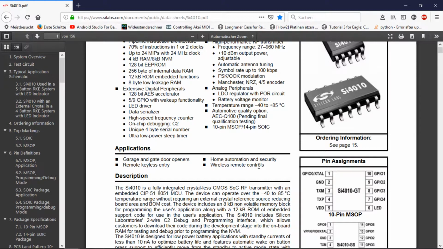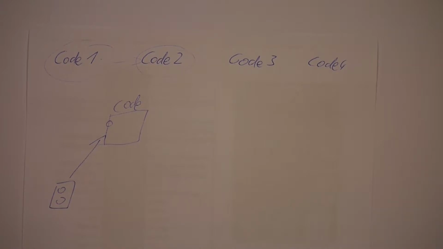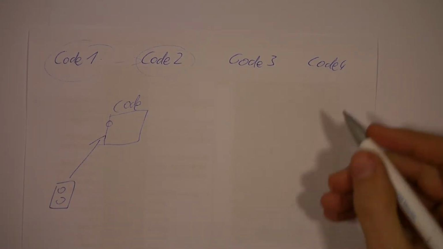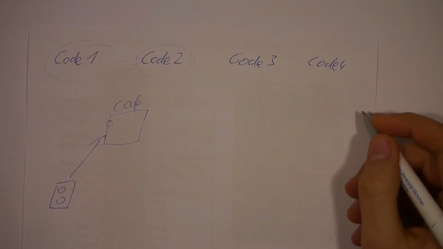But why are there now 4 different decimal numbers? That's the case because for garage and gate door openers, they're using a rolling code. The rolling code consists of several different codes for one on or off switch, for example, for channel A. In our case, it was 4 different codes.